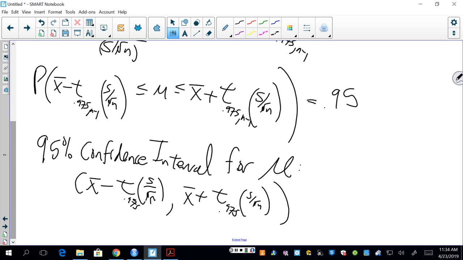Mostly kind of normal. And we want to know where mu is. So we're going to calculate our sample average, our sample statistic, a cutoff value from a t-distribution, a probability-based value, and calculate that interval, lower endpoint, upper endpoint. Say we're 95% confident the actual value for the average range is in that interval.